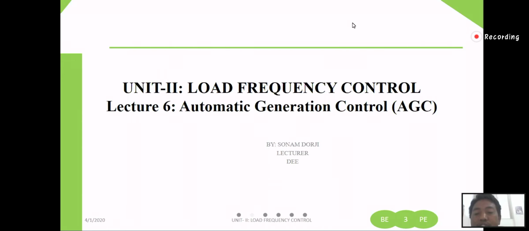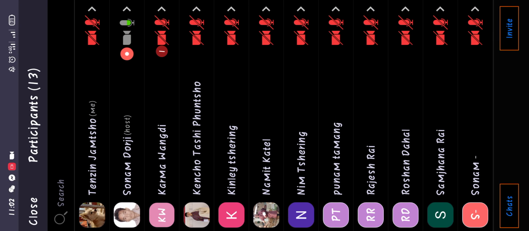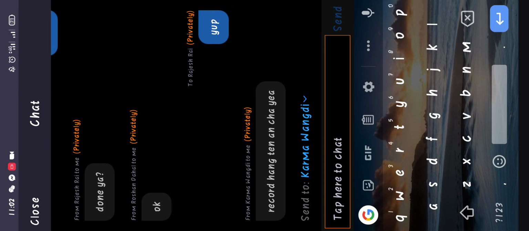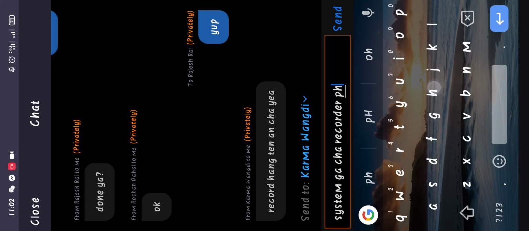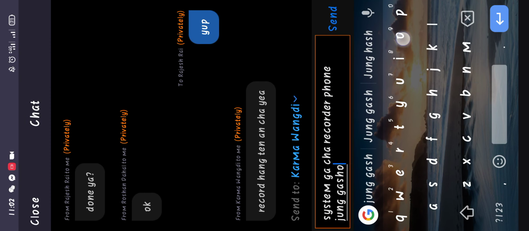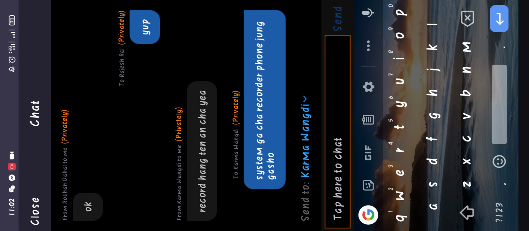In power electronics applications you will learn the construction details of AGC, but here we will not learn the constructional detail, but instead we will use this AGC in the control of frequency.